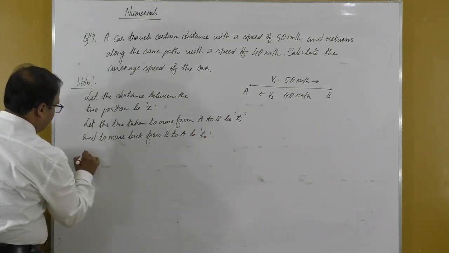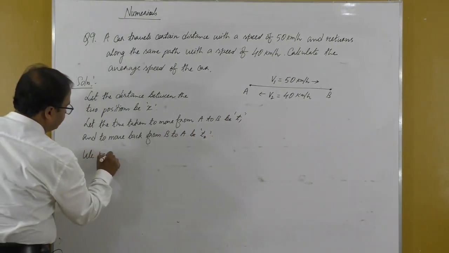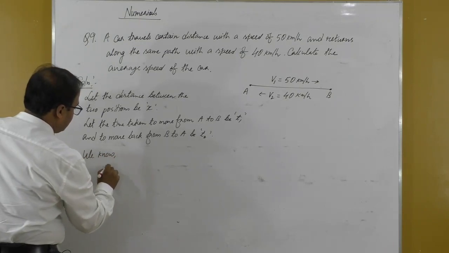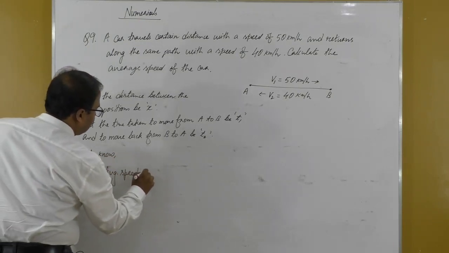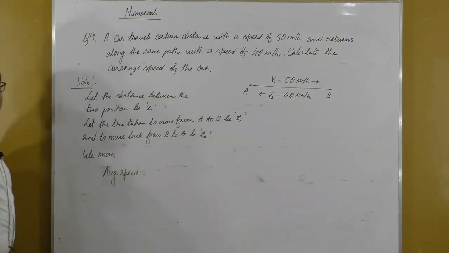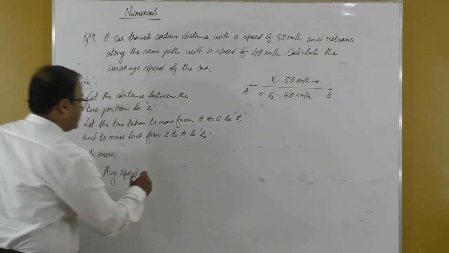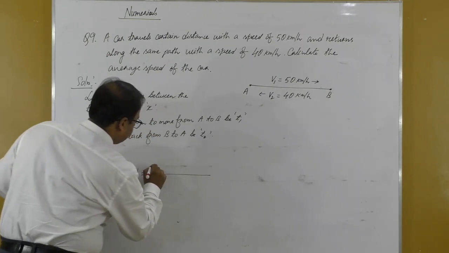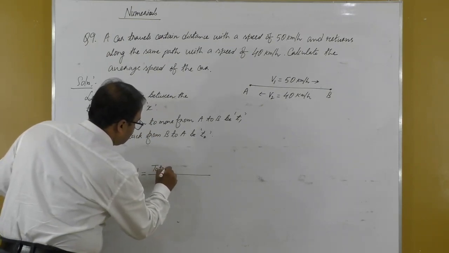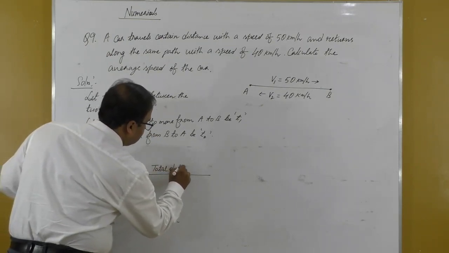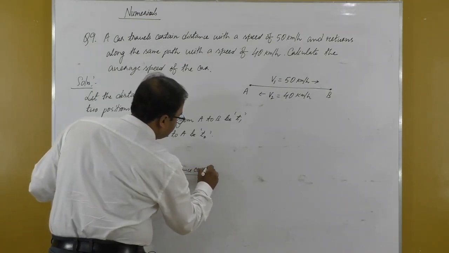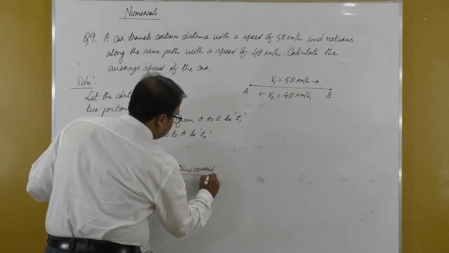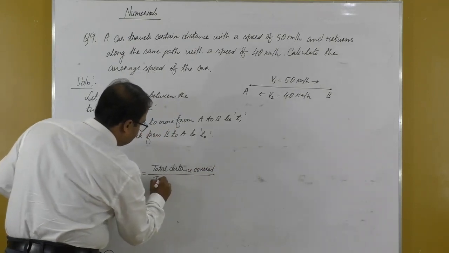And we know the formula of average speed. Average speed is total distance covered by total time taken.